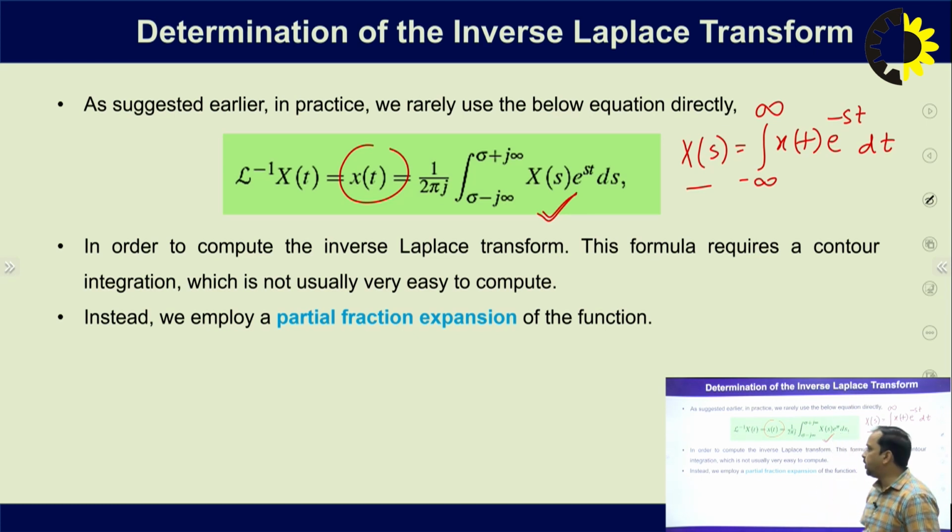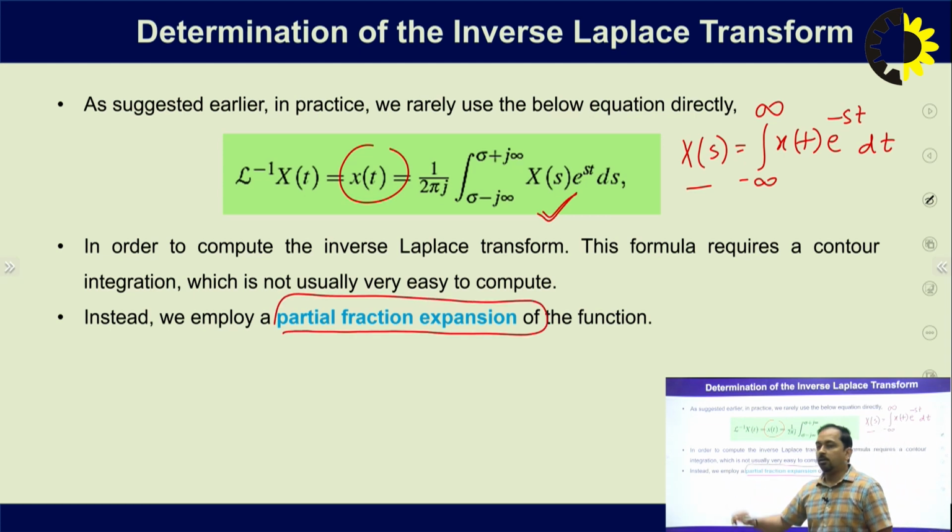So we employ a partial fraction expansion technique. We perform the partial fraction of the transform function x of s, and after that we can take the inverse of that x of s. This is the method we are going to utilize to calculate the inverse Laplace transform.